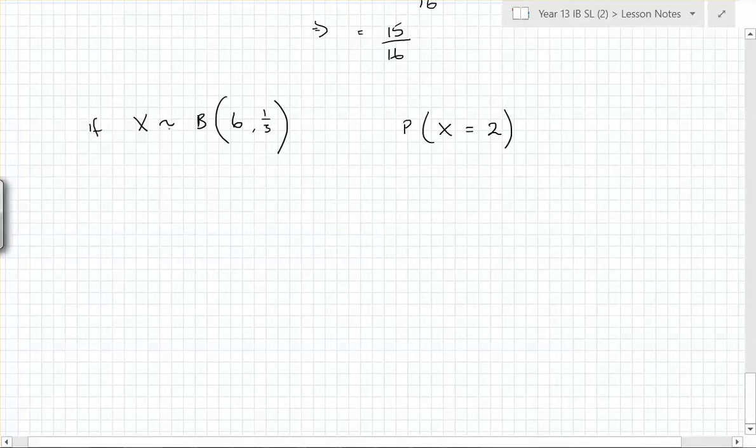So this means x is binomially distributed. That's the number of trials, and r is the number of successes, and this is the probability of a success. So we know there are 6 trials, it's binomially distributed. So if we do the probability where x equals 2, how would I set that up? So the probability x equals 2 would be what in brackets first?